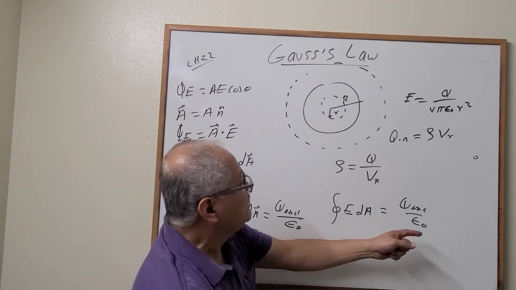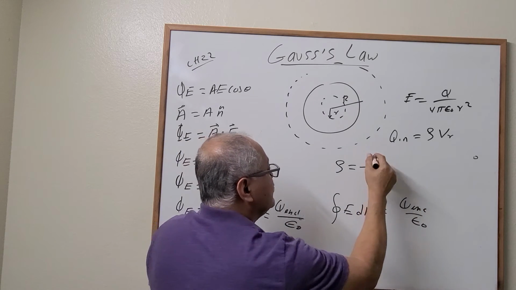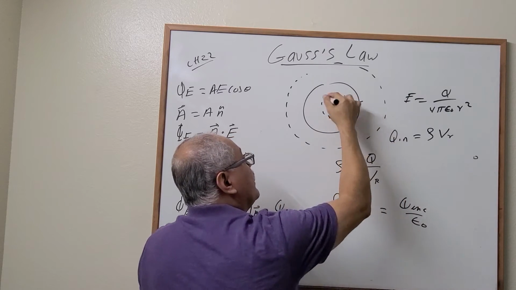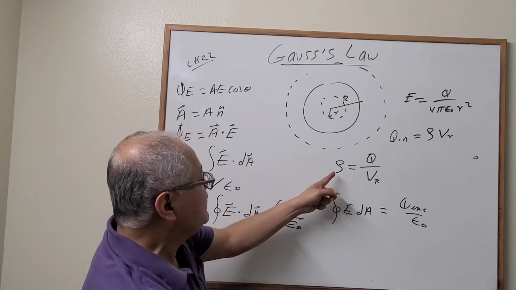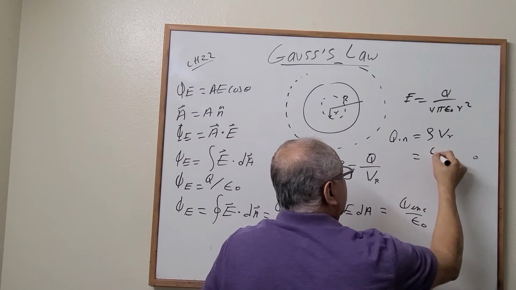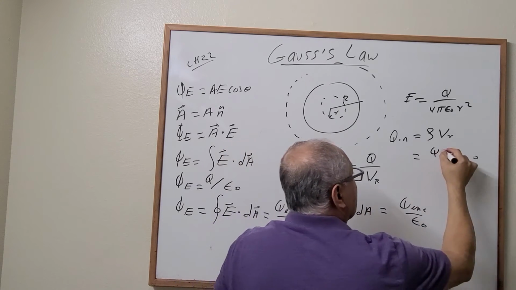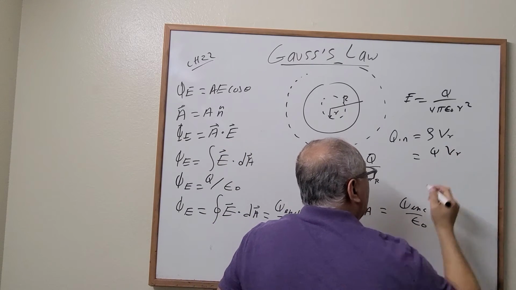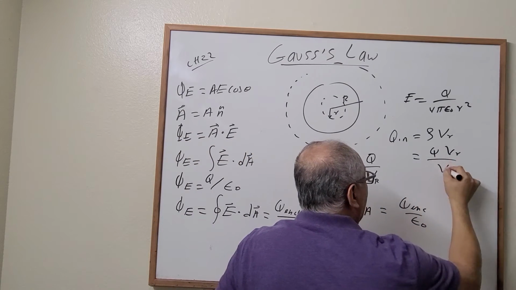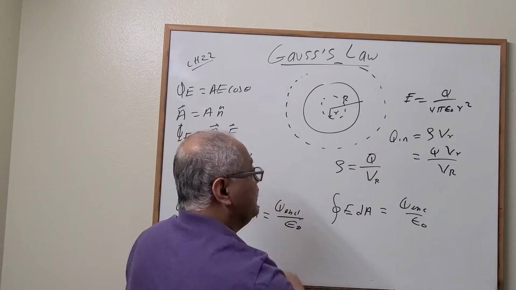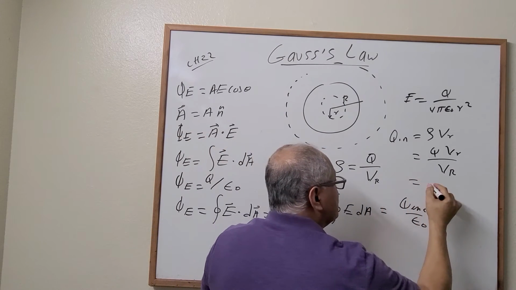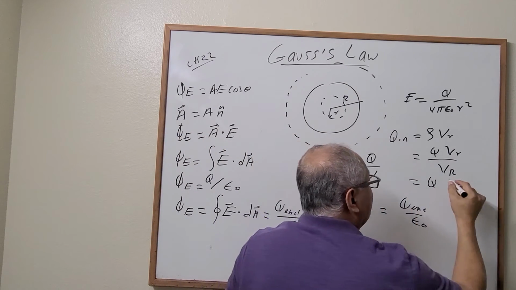Now let's substitute again. This is the total charge, and this is the amount of charge that is enclosed by this surface. Now let's substitute this value right here. And what do we have? The density, which equals the total charge times the volume with that radius, divided by the volume of the total sphere. What is the volume?